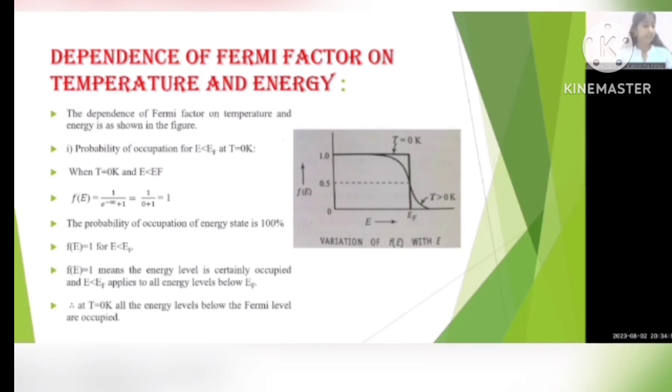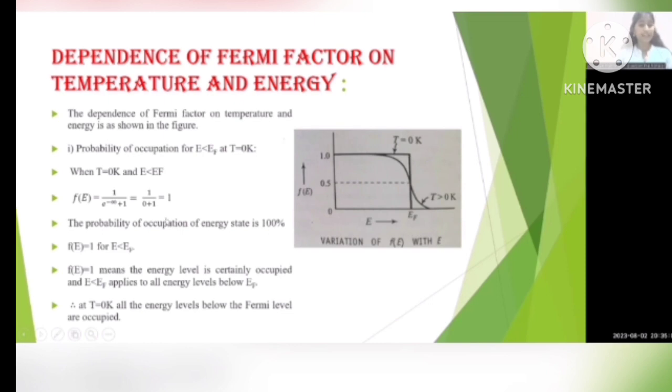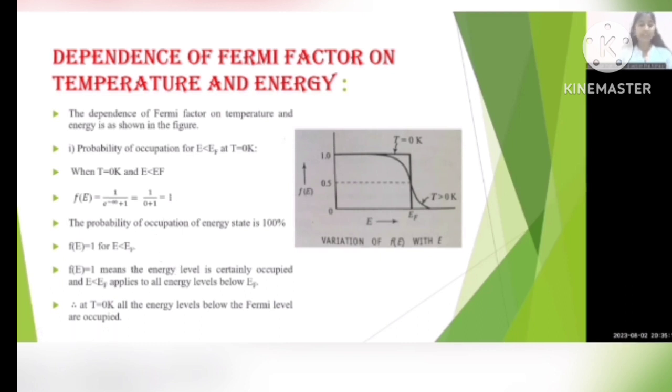We obtain 1 / (0 + 1), which equals 1. Therefore, the probability of occupation is 1. This indicates that all the energy levels below the Fermi energy are completely filled at absolute 0 Kelvin temperature.